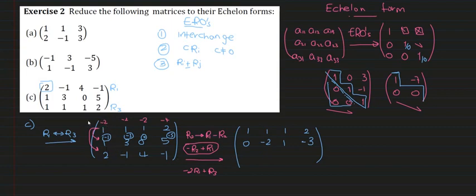So negative 2 plus that 2 will be 0. Negative 2 minus 1 is minus 3. Negative 2 plus 4 is 2. Negative 4 plus negative 1 is negative 5, right?